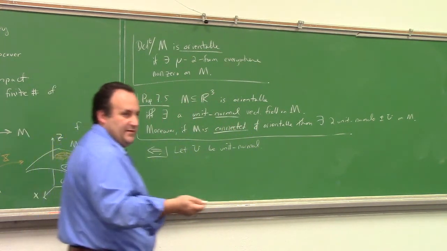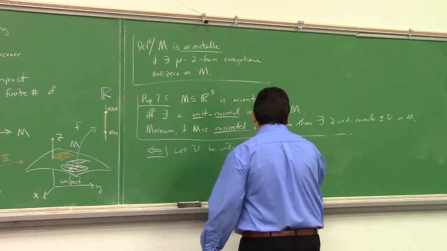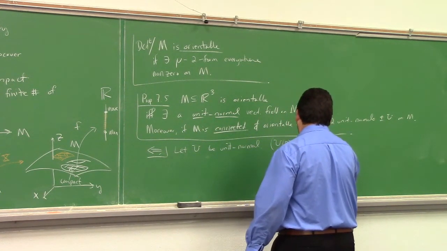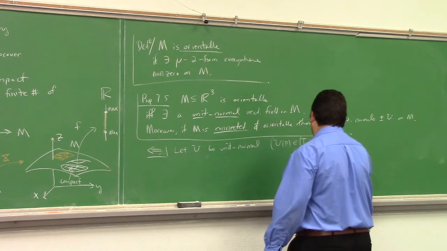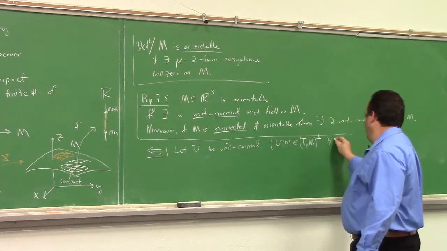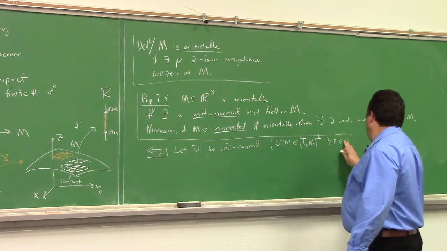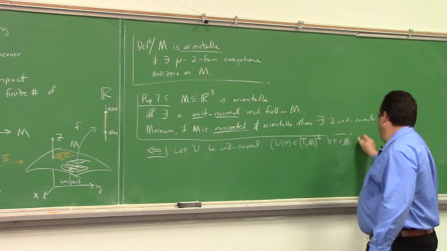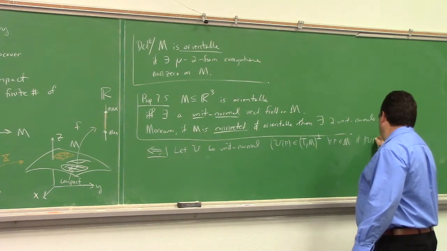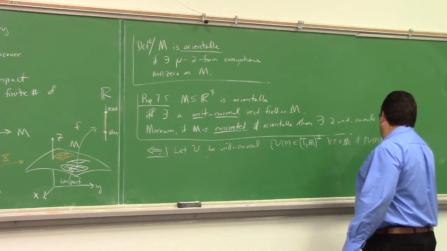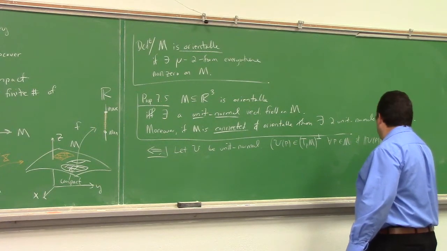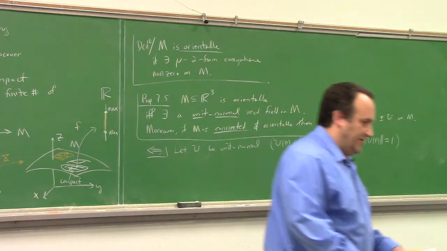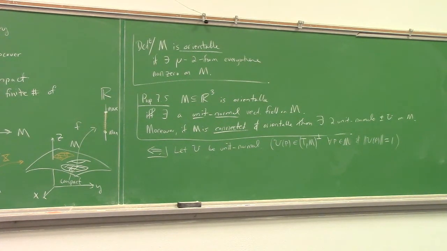That means that U of P is an element of the perp of the tangent space to M at P, for all P in M. And what else? The length of U of P is 1. Unit normal refers to the length of the vector field.